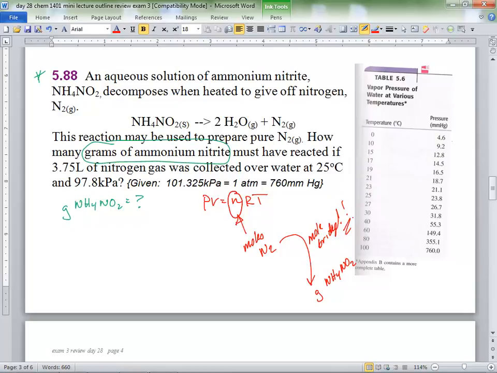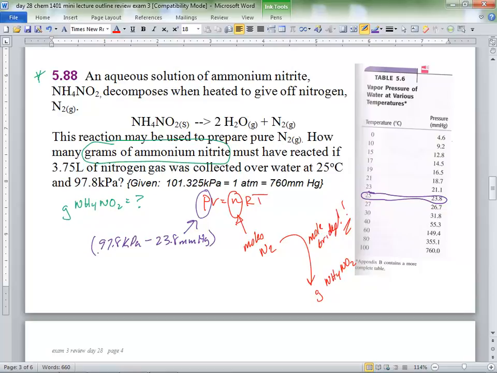You have to get the right P. You got to subtract out 23.8. So you have 97.8 kilopascals, and you got to subtract out 23.8 millimeters of mercury. Can you just subtract those two? No, they're in the wrong units.